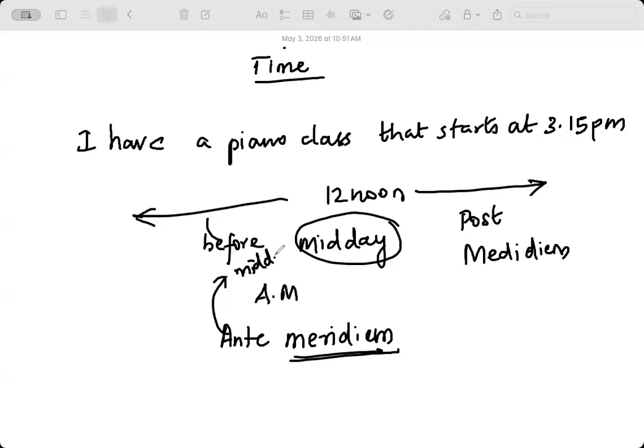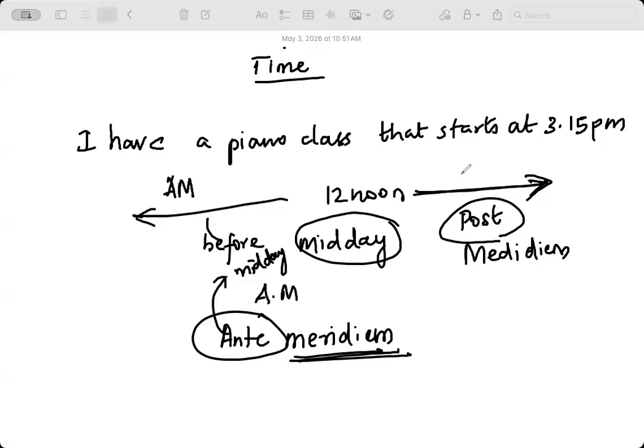Make sense? Anti is before, meridiem is midday. PM is post, and post is always after. Pre or anti is before. So AM is anti meridiem, PM is post meridiem. Meridiem is 12 noon. You got it?